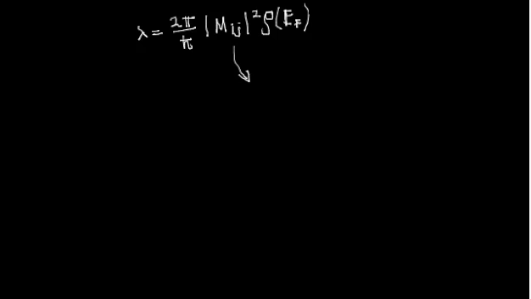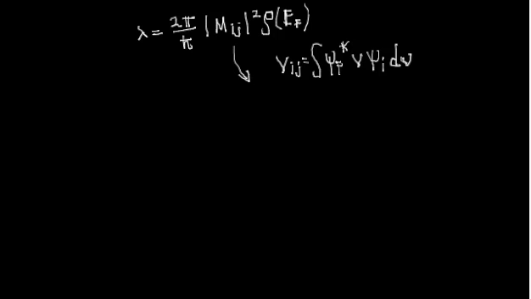Usually we can represent the matrix element like this, where we have an initial and a final state, and in the middle we have the potential or the interaction, between the initial state and the final state.